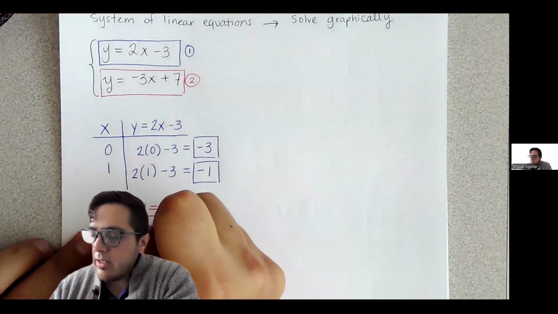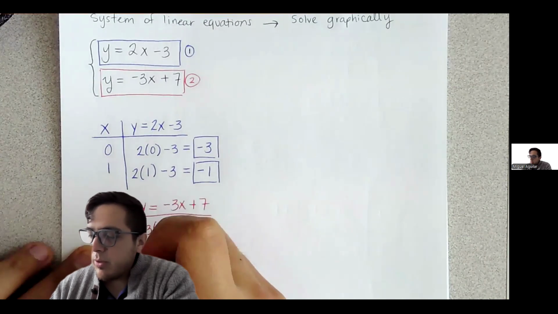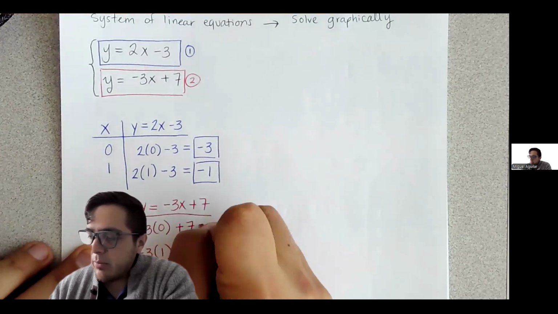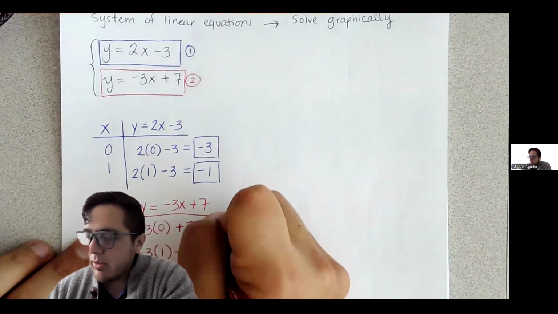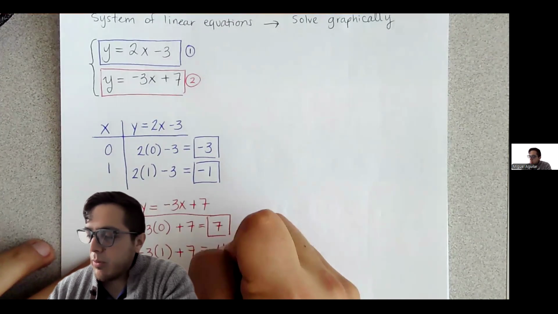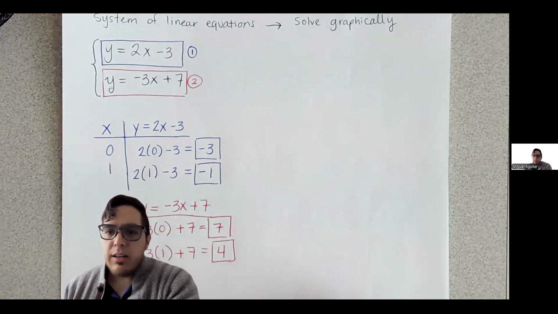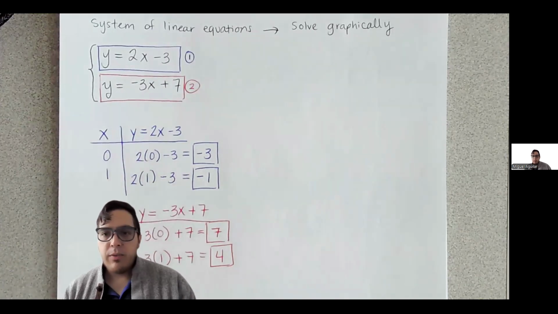So we'll put negative 3 times 0 plus 7. We'll put negative 3 times 1 plus 7. And then we'll just compute what these y values are. So this one should be 7 when we put this in the calculator. And then negative 3 plus 7 would be 4, positive 4. Okay. So now I have a pair of coordinates for my first equation and my second equation.